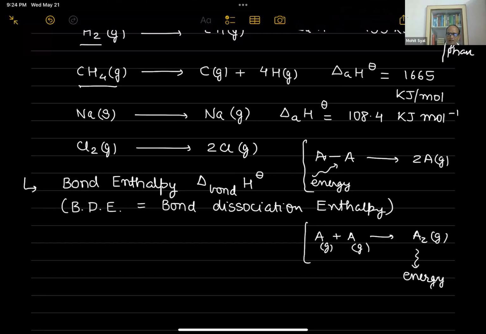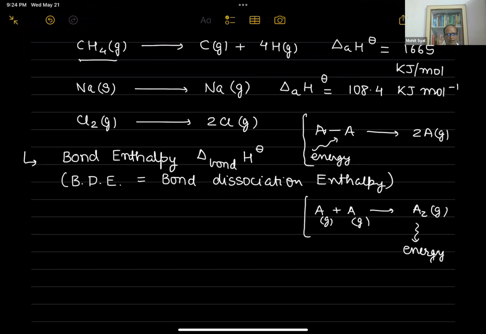I'm telling you the general thing: bond breaking requires energy, and when bonds are formed, energy is released. Is it clear?